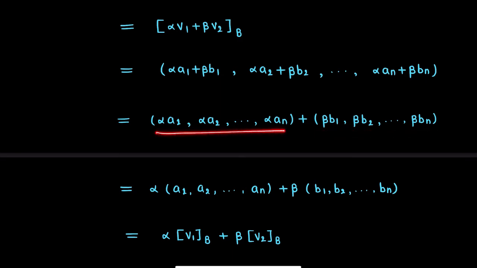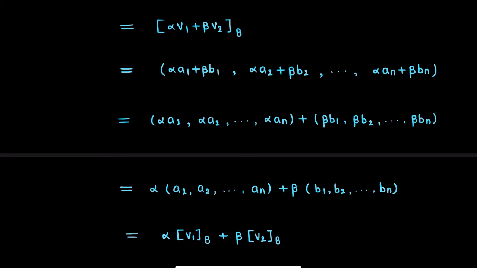Now taking alpha common, we get alpha times the vector a1, a2, up to an, and taking beta common, we get beta times the vector b1, b2, up to bn. Now this vector is the coordinate of vector v1 with respect to basis B, and this vector is the coordinate of vector v2 with respect to basis B, from the representations of v1 and v2 with respect to basis B.